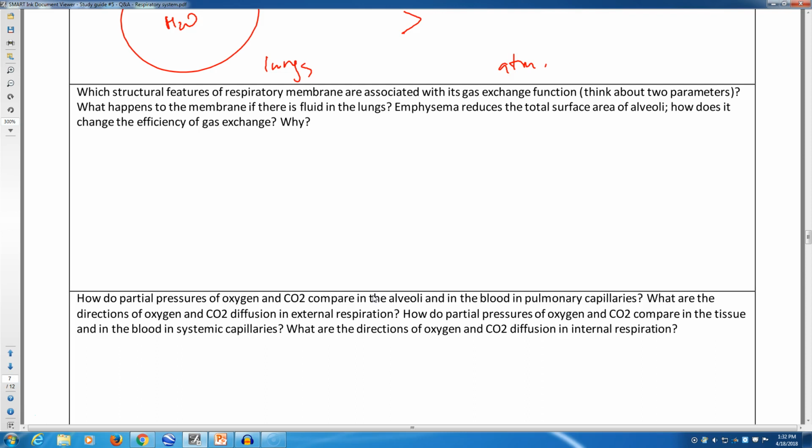Clear? Then this whole thing goes through the pulmonary veins, to the left side of the heart, and into systemic circulation. In the tissue, oxygen pressure is higher in the blood, so oxygen goes to tissues. CO2 pressure is higher in the tissue, so it goes into the blood. Returns back. Does that make sense?